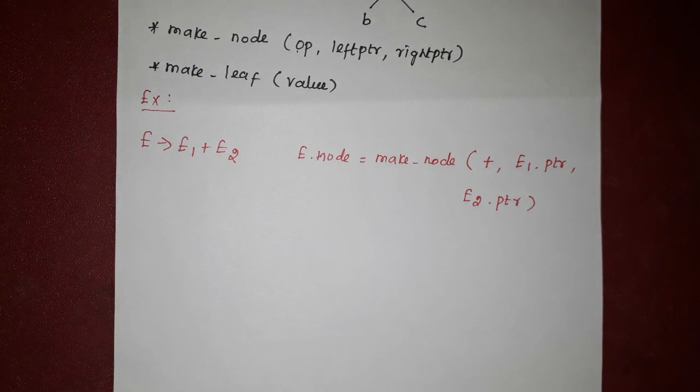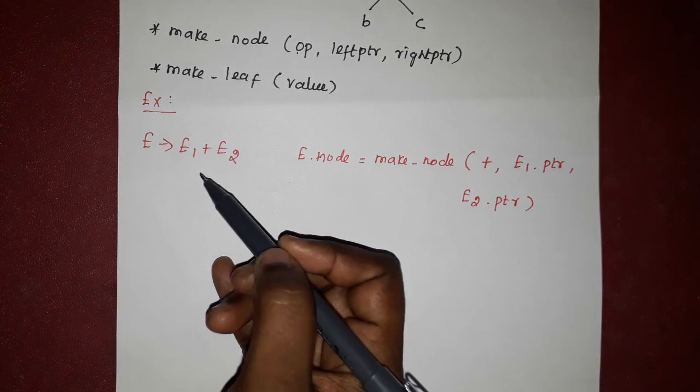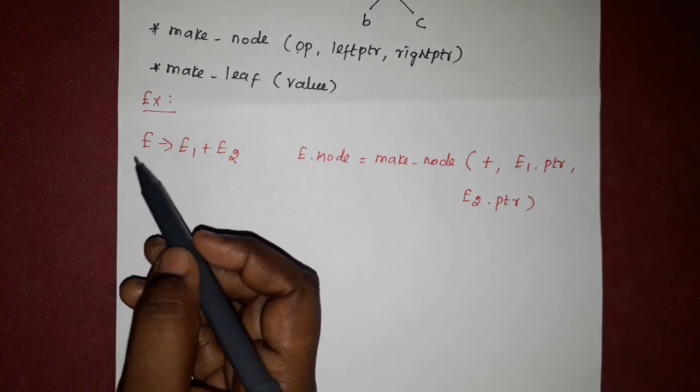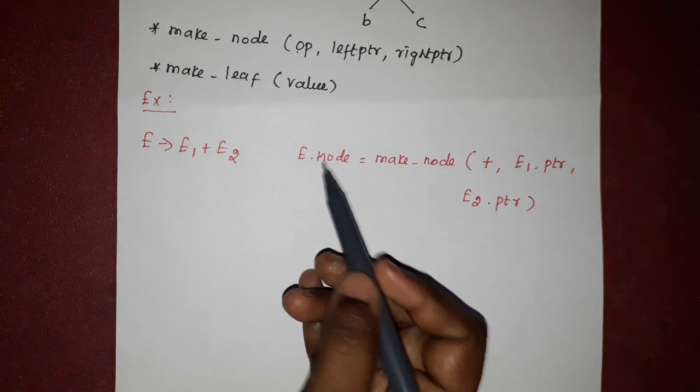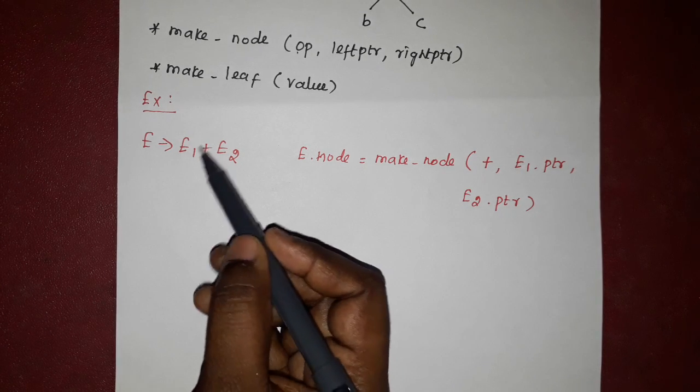Yes, this is one expression, E tends to E1 plus E2. Here we have to evaluate the expressions E1 and E2 and store the result in the expression E's value. So here I am using the function E dot node, because this is an expression and it has one operator.